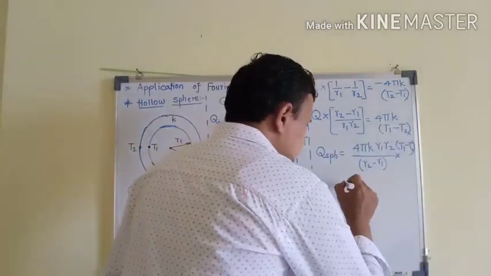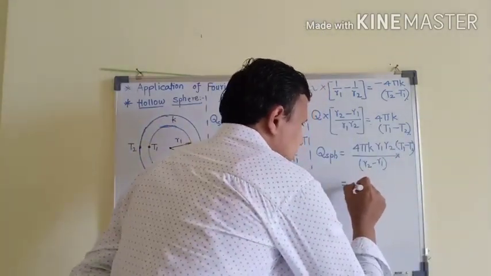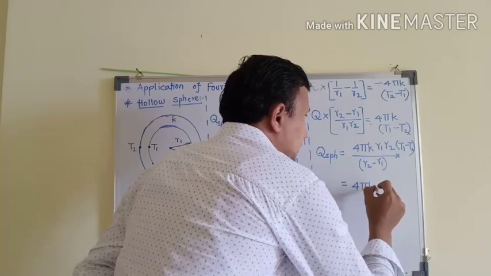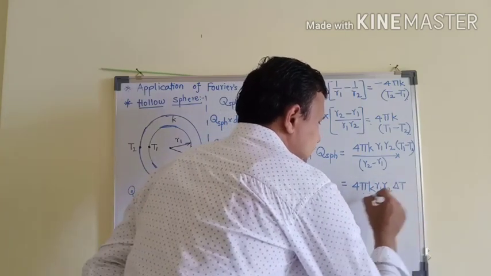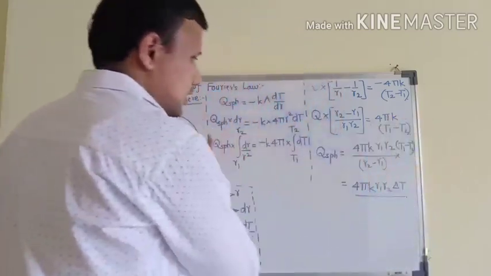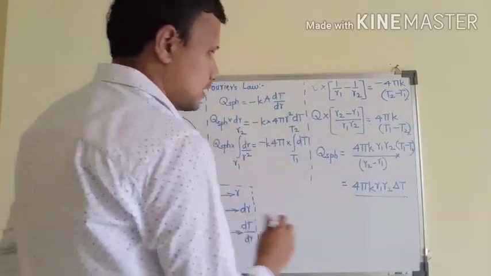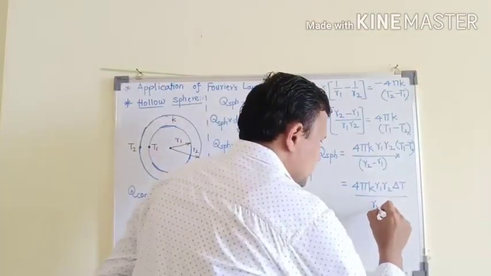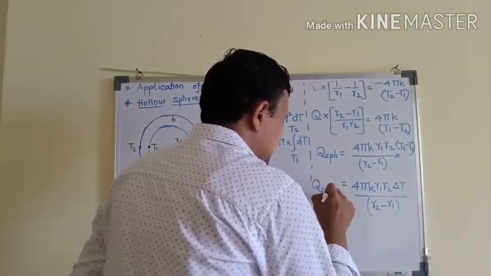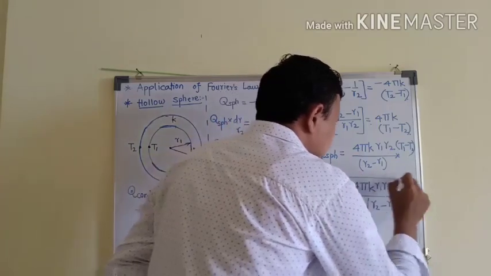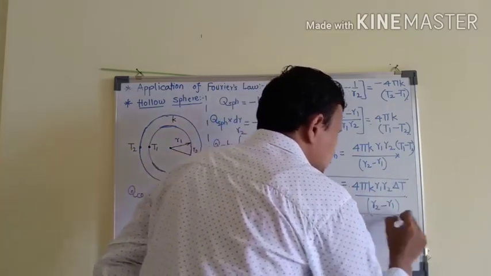Or in simplest terms we can write it as 4 pi k r1 r2 delta T upon r2 minus r1, whatever the delta T is for that particular geometry and condition. This is the analytical formula that we are interested in to determine heat transfer from a sphere.